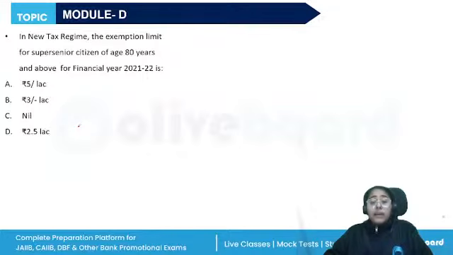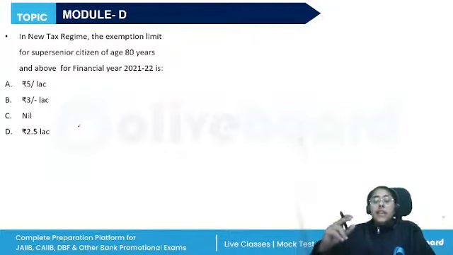In this chapter, tax planning, we need to understand the meaning of financial year, assessment year, previous year, the residential status, and how we should choose between the old tax regime and the new tax regime. All of these things we have covered in the series where we are discussing the whole syllabus of RBWM.